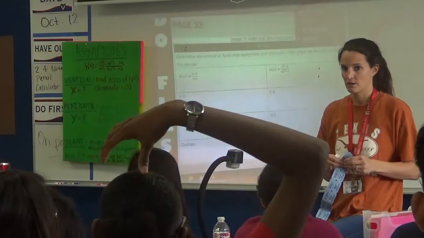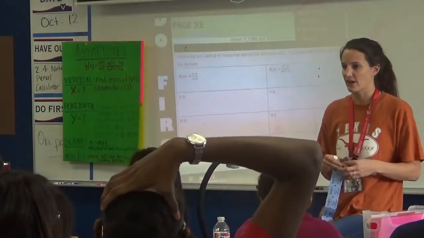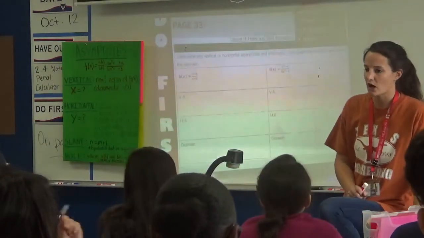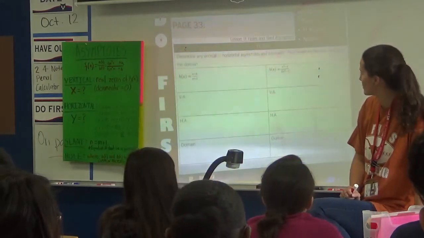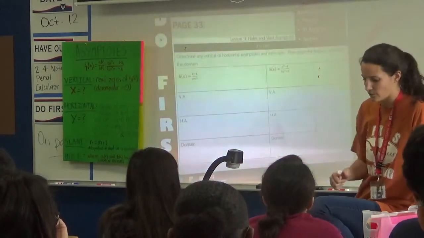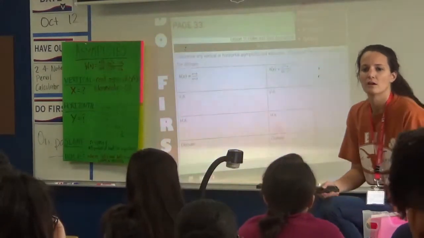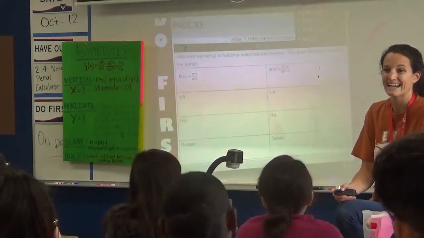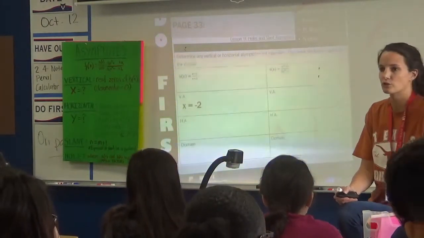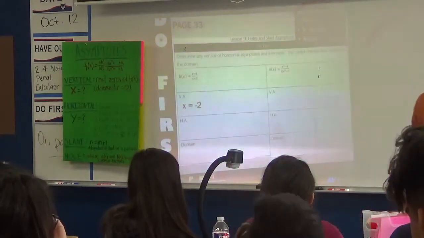D'Anthea? What x value will make our denominator equal 0? And D'Anthea, for this one, can you see what that would be? X equals -2 would be the equation of our vertical asymptote.